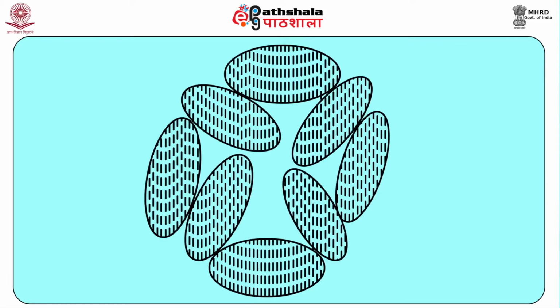X-ray crystallography studies reveal that each protein subunit is folded in the form of an ellipsoid as illustrated in the figure, and these ellipsoidal units are further packed in a cubic symmetry with 4-fold, 3-fold and 2-fold axes.